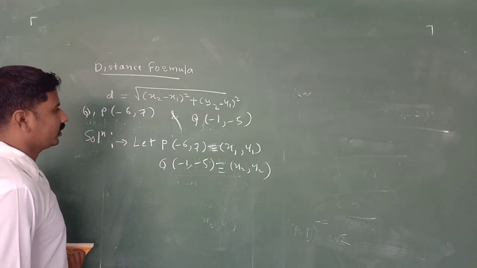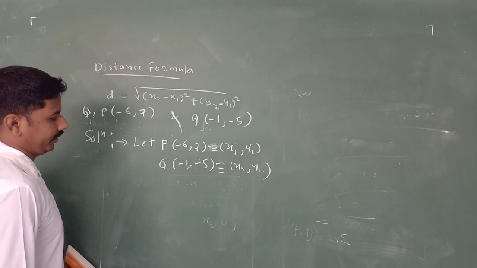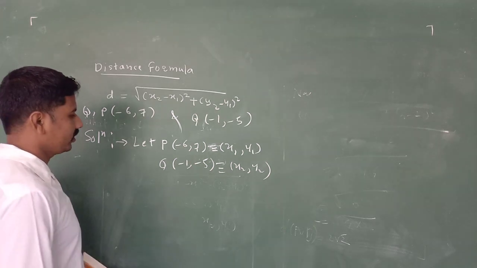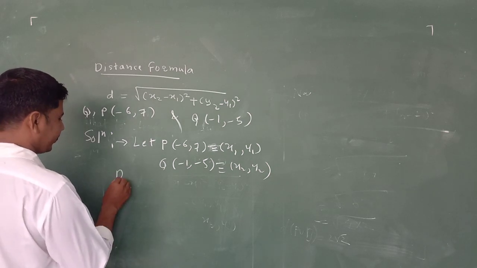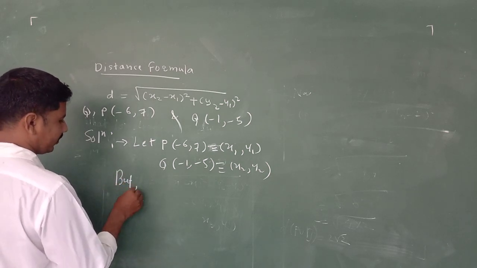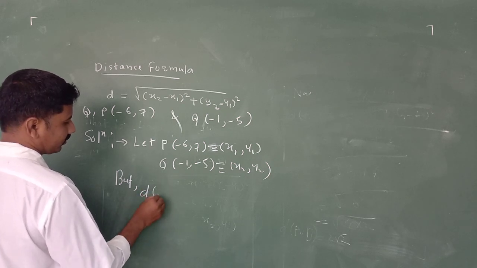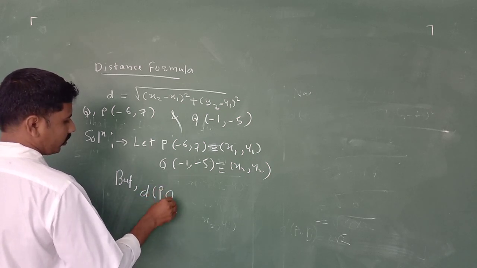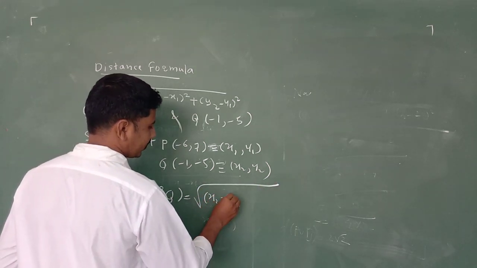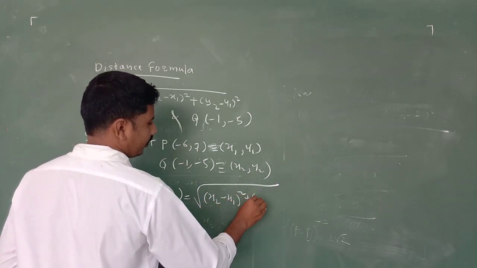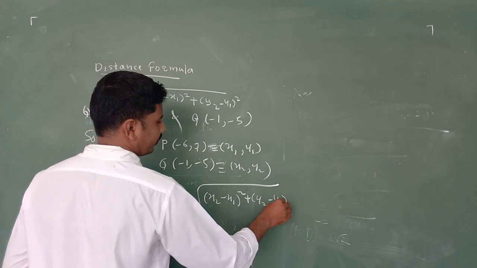So this is your solution. Solution started. I hope you are able to listen to me. We know that distance P comma Q is equal to under root x2 minus x1 bracket square plus y2 minus y1 bracket square.